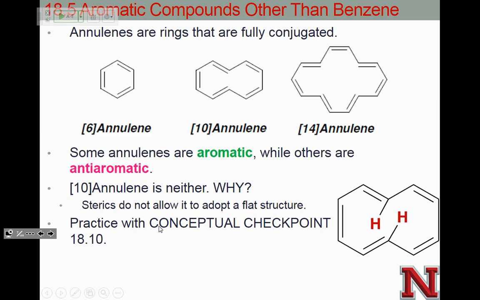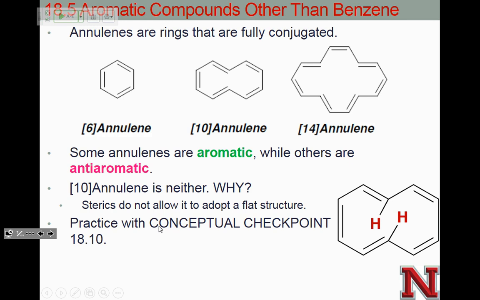Because these two hydrogens are there and they have to be pointed in, and remember, we don't have free rotation around these bonds, what we have is this trans double bond, and this hydrogen has to be pointed up because we have that trigonal planar geometry. With this geometry, those two hydrogens prevent the ring from being fully planar. And since it's not fully planar, it can't be conjugated, so it's actually a non-aromatic system.